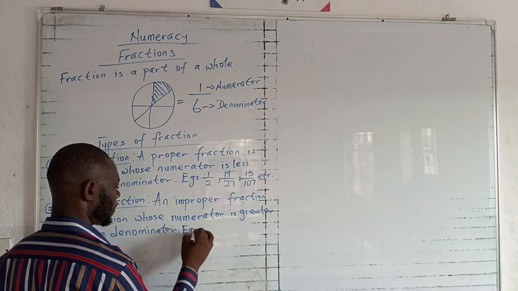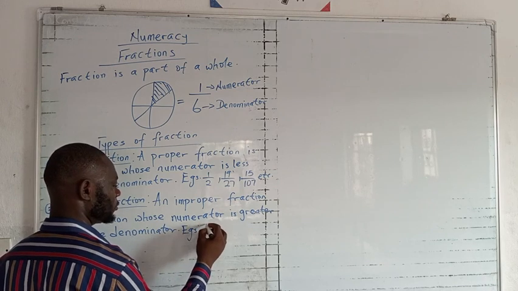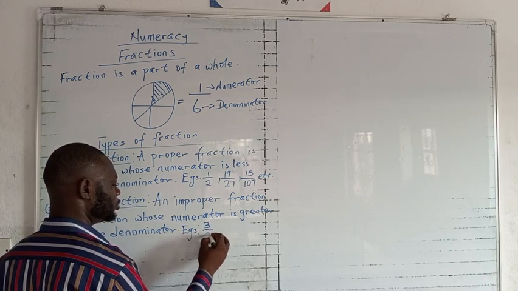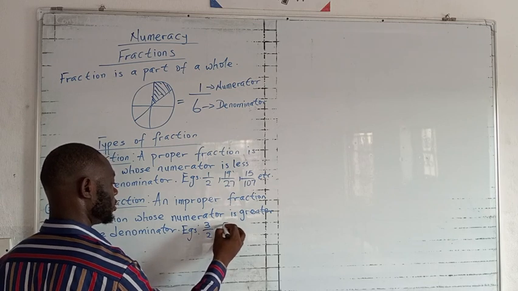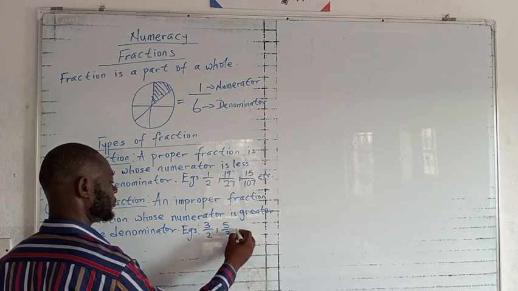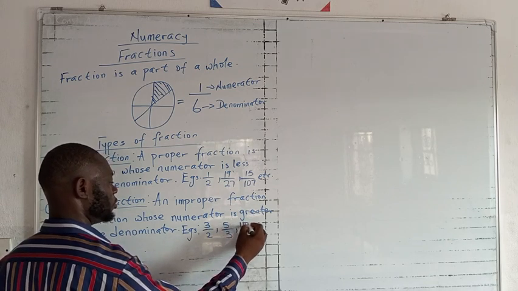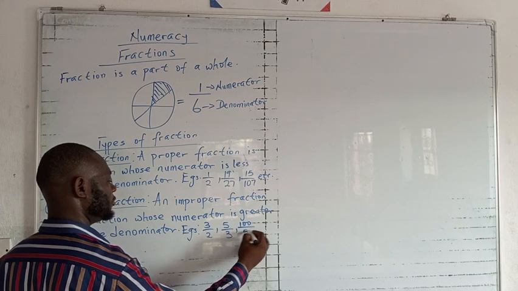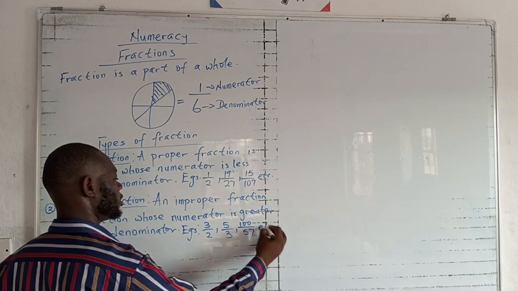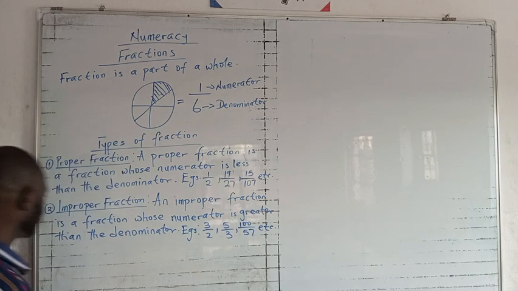Examples: 3 over 2, 5 over 3, 100 over 57, and so on and so forth.